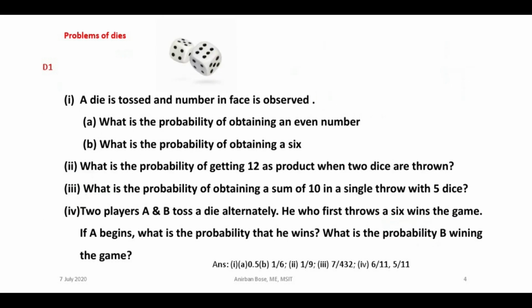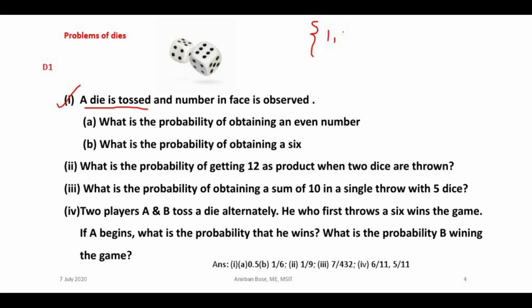Okay, now coming to the next page. Here we will see some of the problems on dice. See the first problem first. A die is tossed and the number on the face is observed. So a single die is tossed. What are the possible outcomes?